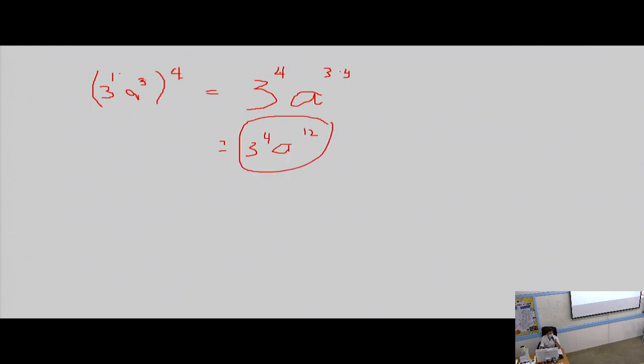And so this will be your answer. Or if we simplify, 3 to the power of 4 is 81, a to the power of 12. And that's how you're going to raise a product to a power.